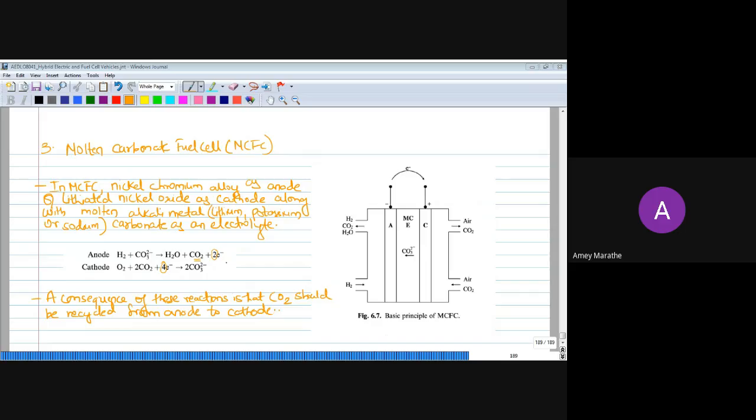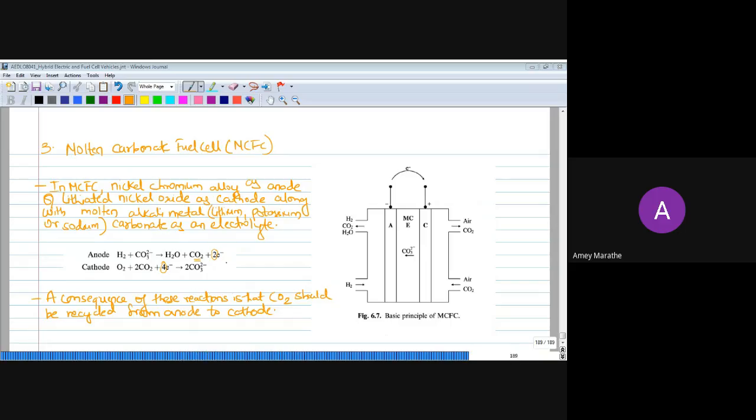In order to recycle this carbon dioxide, you can either burn the anode exhaust with excess air and then remove the water vapor, or use a product exchange device, which can separate the carbon dioxide from the anode exhaust.